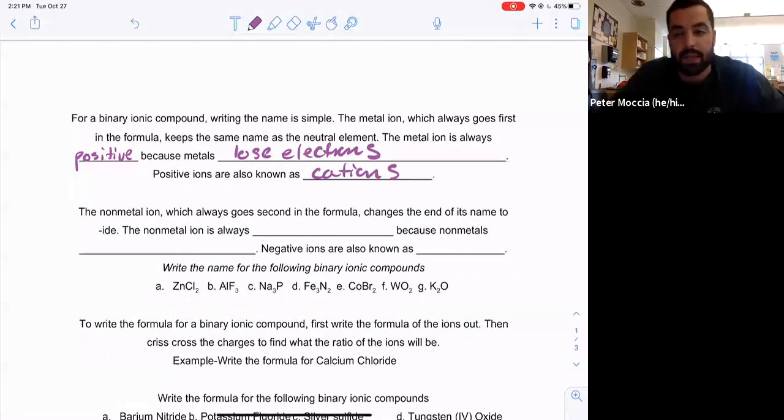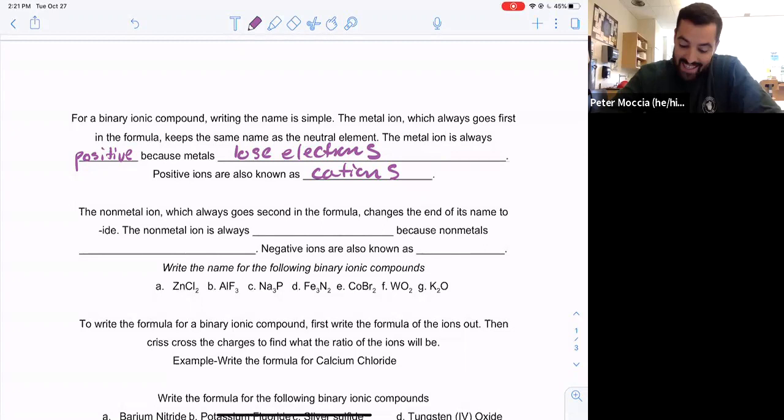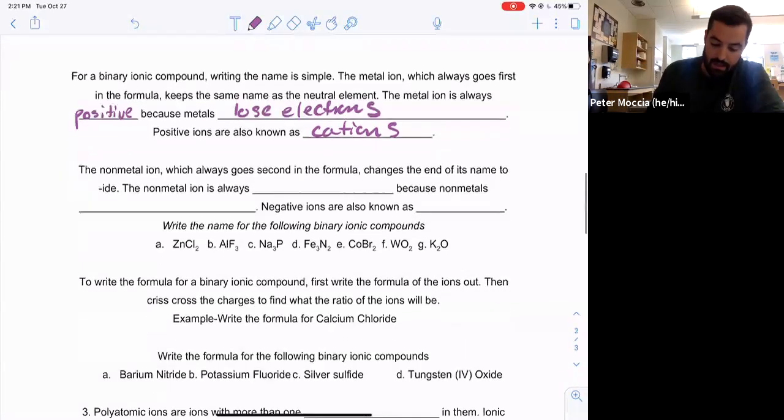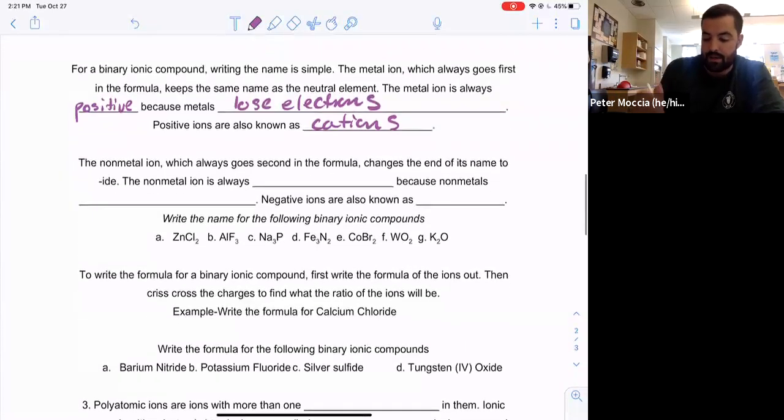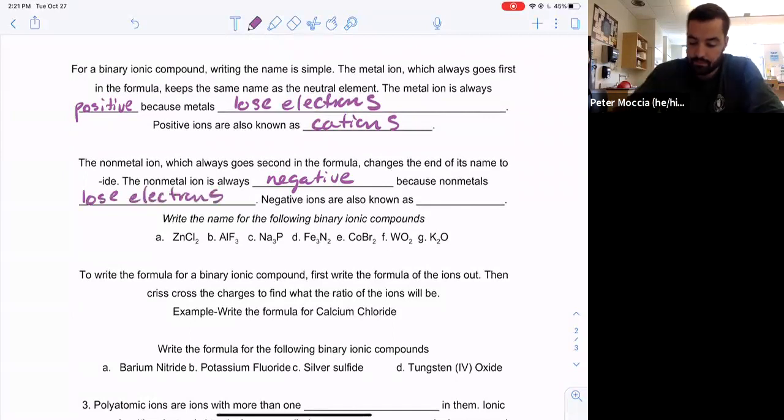I positively hate cats. The nonmetal ion, which always goes second in the formula, changes the end of its name to -ide. The nonmetal ion is always negative because nonmetals gain electrons. Negative ions are also known as anions.